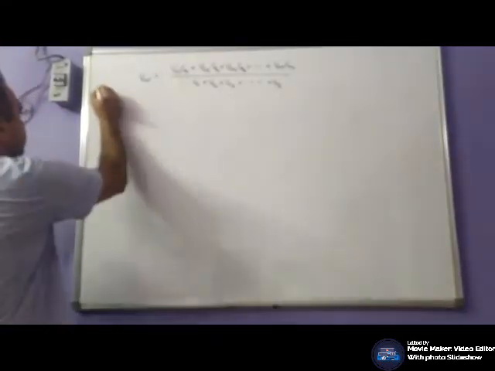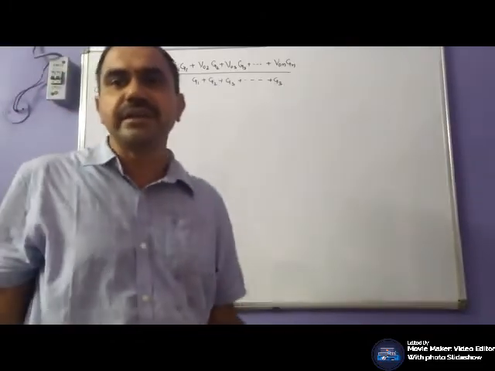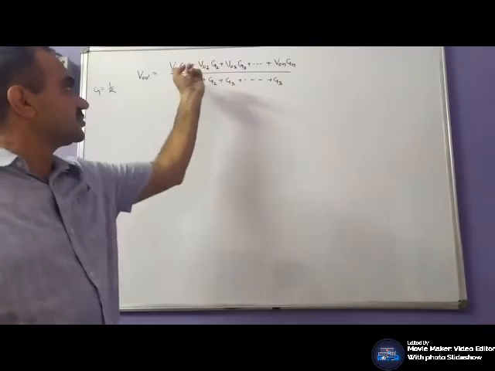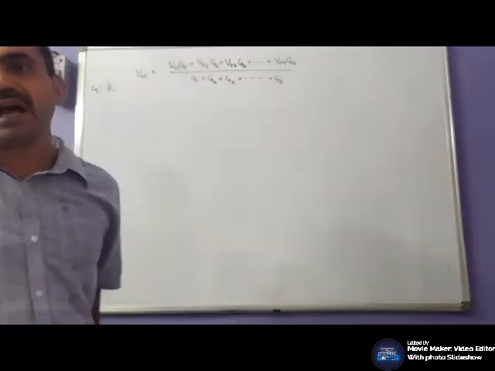Where G is the conductance and G is equal to 1 by R. If resistances are given, place 1 by R1 in place of G1, 1 by R2 in place of G2, 1 by R3 in place of G3.